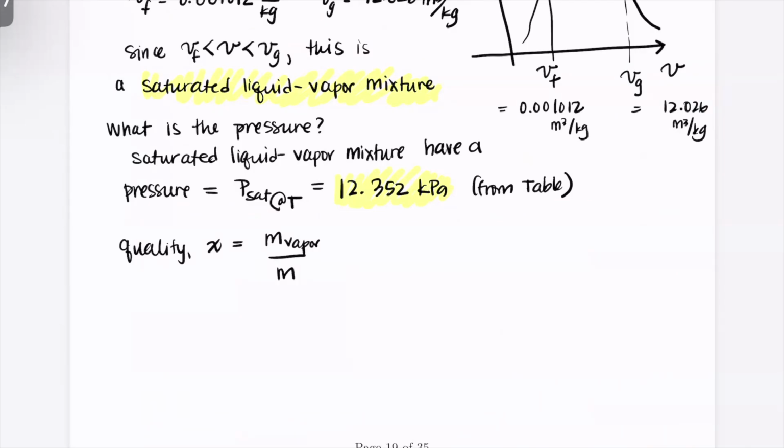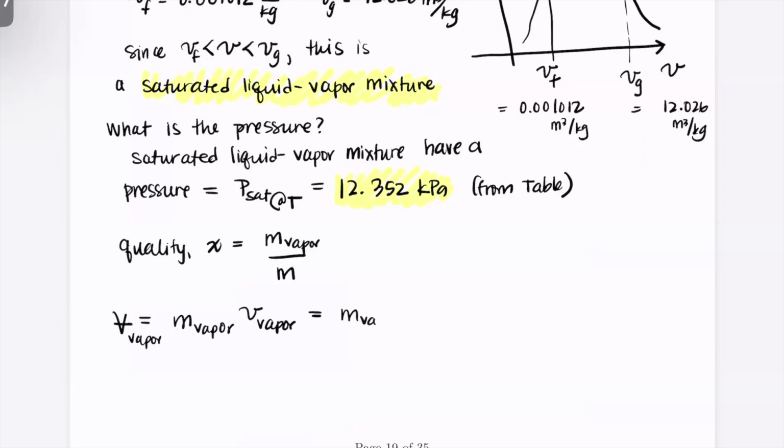Okay. So we're going to use the following relationship. We can say that the volume of our vapor is the mass of the vapor times V of the vapor, which we know is Vg.